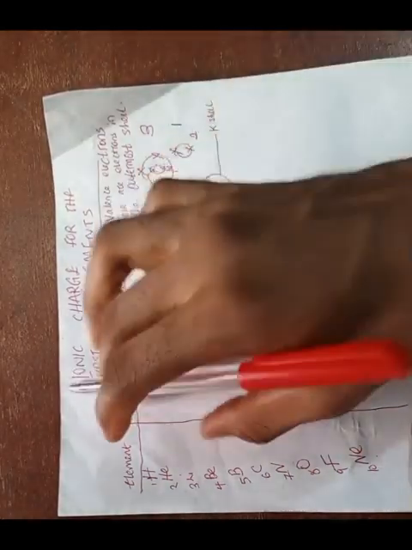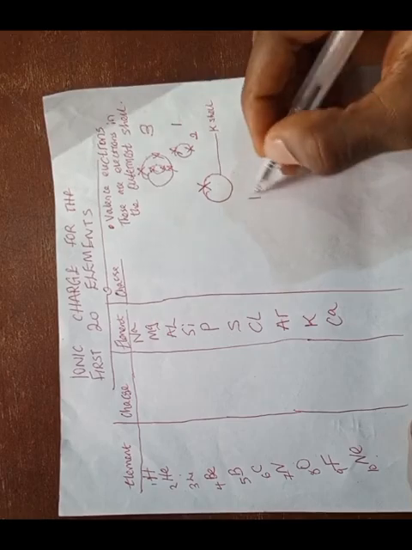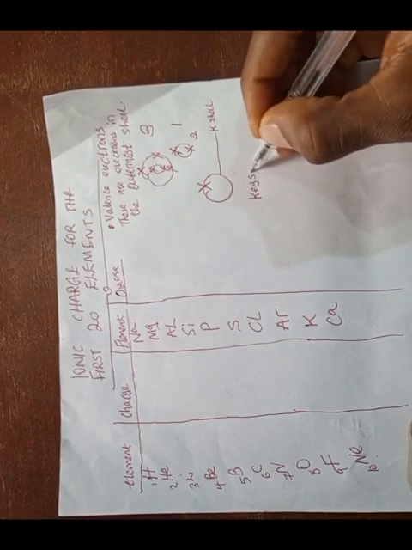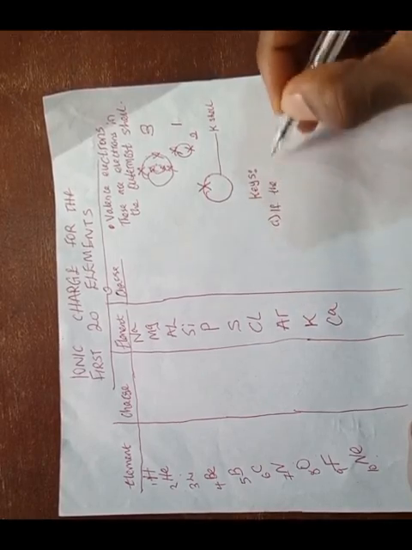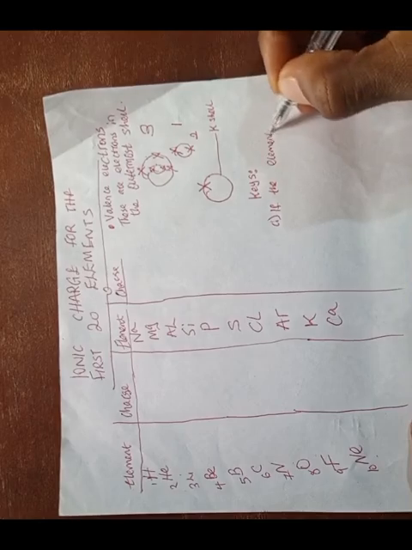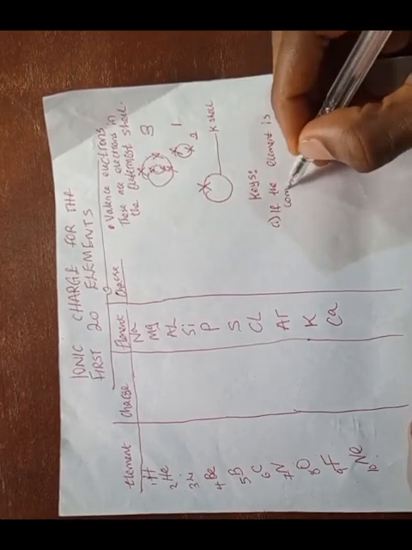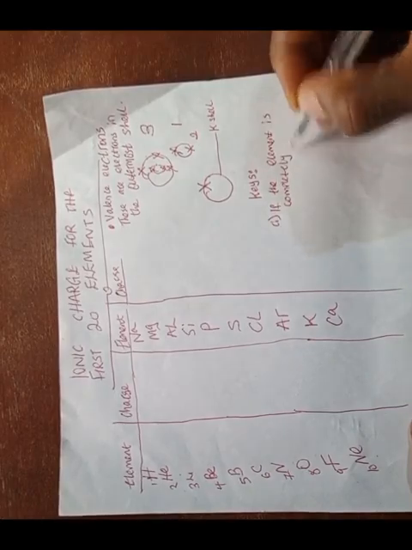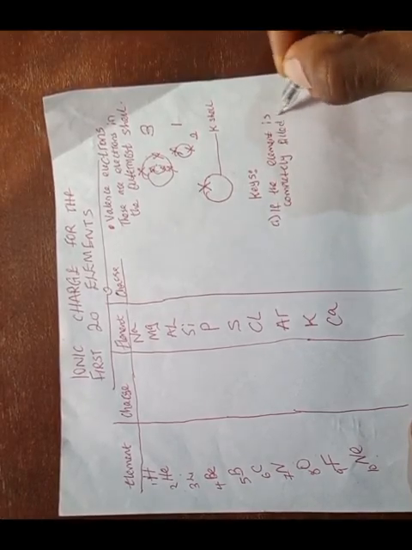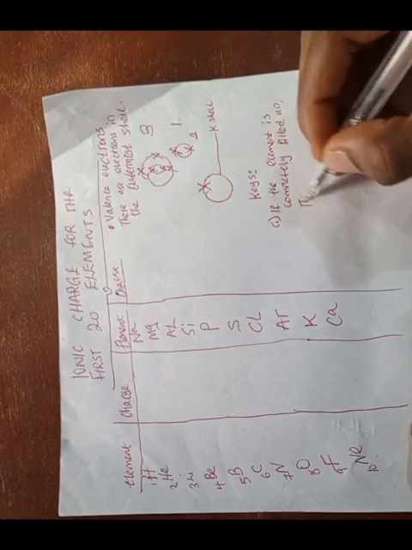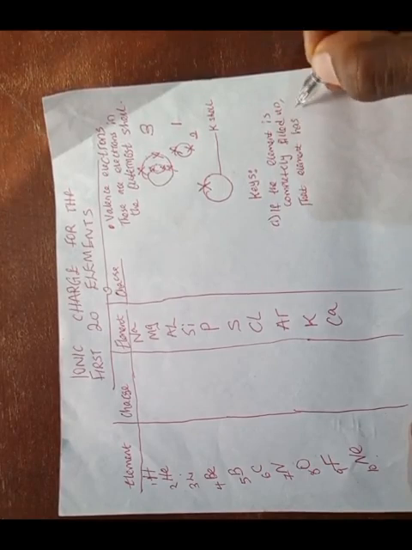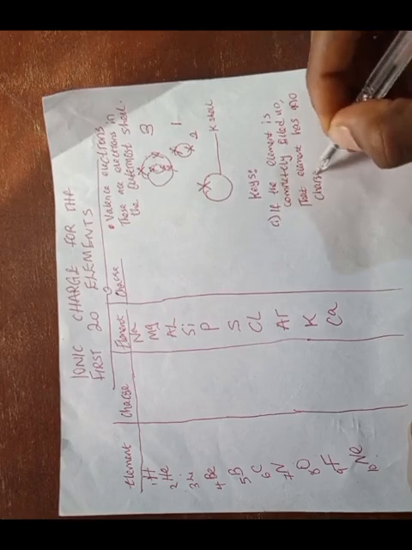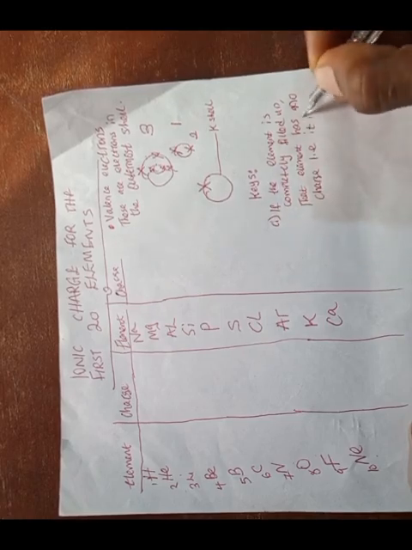Now before I put the charge, let's do some keys. We have some keys that I want to be using. One, if the element is completely filled up, that particular element has no charge, that is, it is 0.